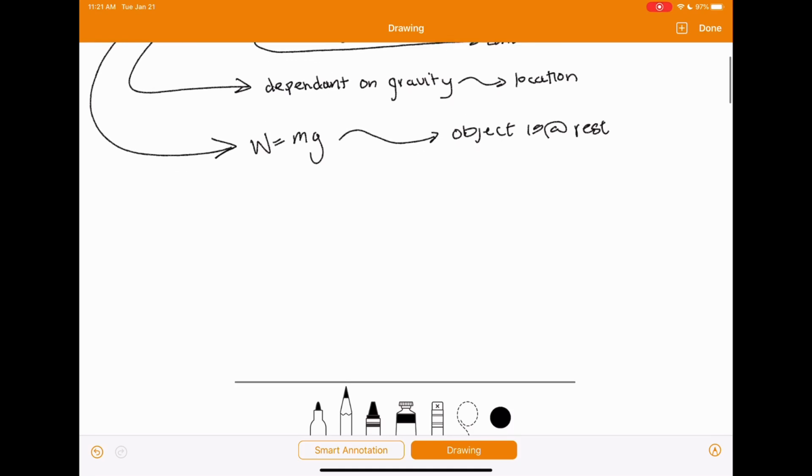All right, so let's say, for example, at rest and on Earth, someone weighs 1,000 newtons.